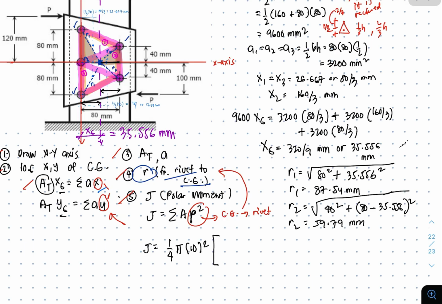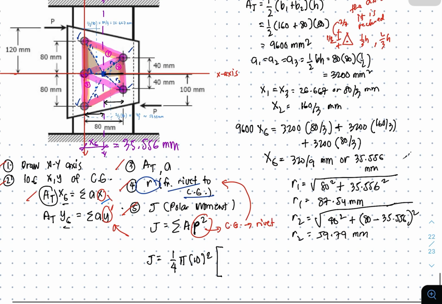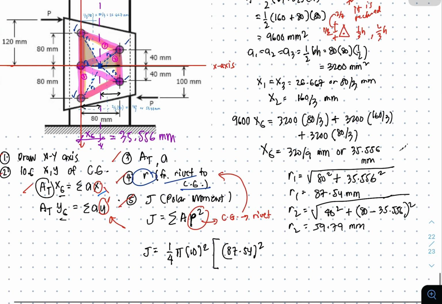So we have here first R1, which is 87.54 squared, and we all know that we have 2 R1, so we need to multiply this by 2.